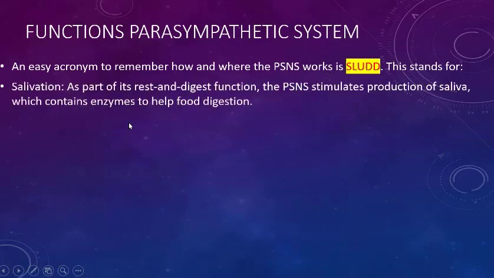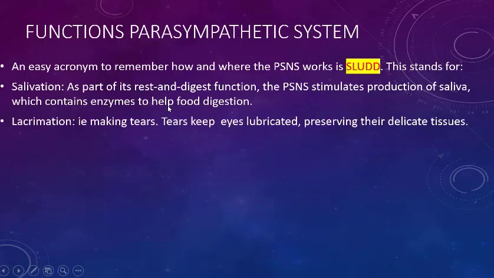As part of its rest and digestive function, the parasympathetics stimulate production of saliva, which contains enzymes to help food digestion. So S is for salivation, L is for lacrimation, and it makes tears. Tears keep the eye lubricated and prevent its delicate tissue from damage.